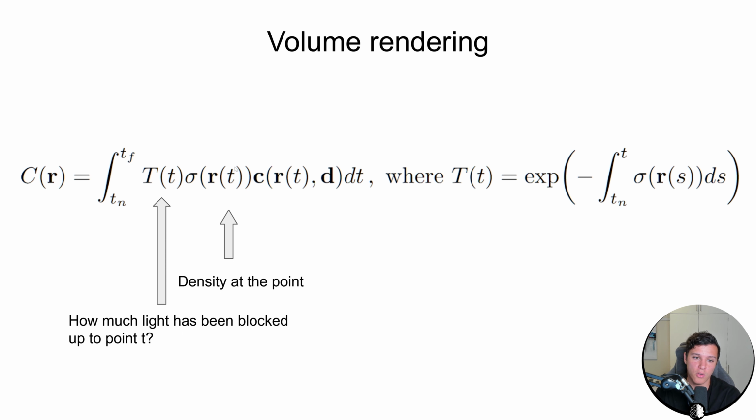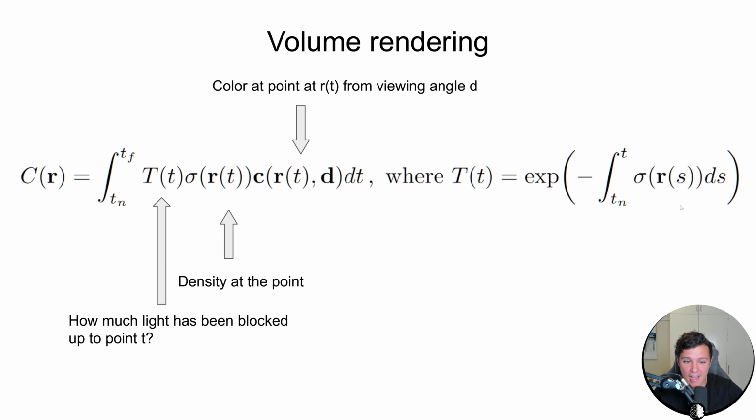So we look at how far we've gone along the ray, which is at t now, and then from the ray we get x, y, z coordinates, and then we get the density at that particular point. And then lastly, we multiply with the color at r of t from a particular viewing angle d, and then this capital T of how much light has been blocked is an integral.